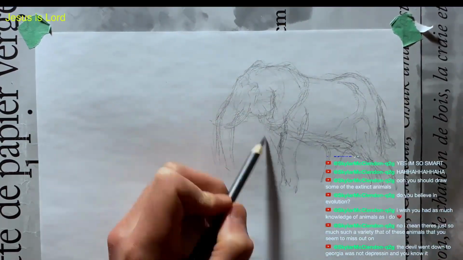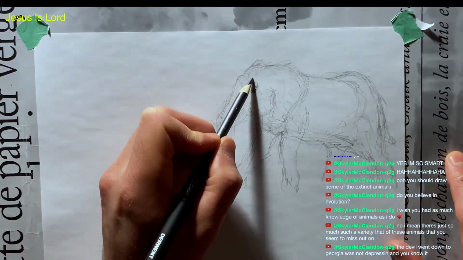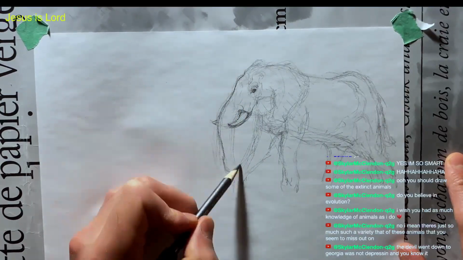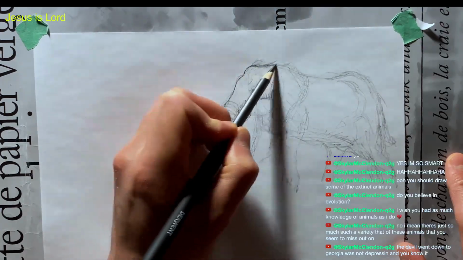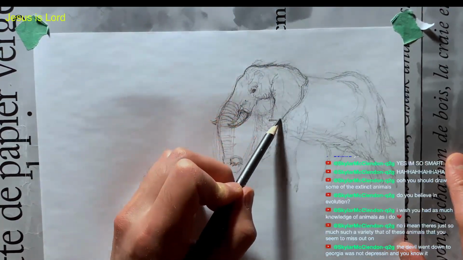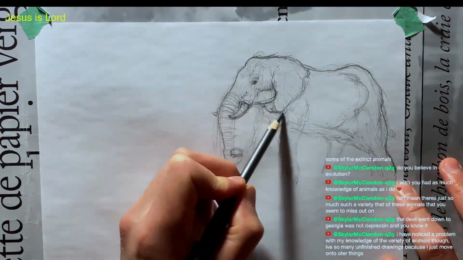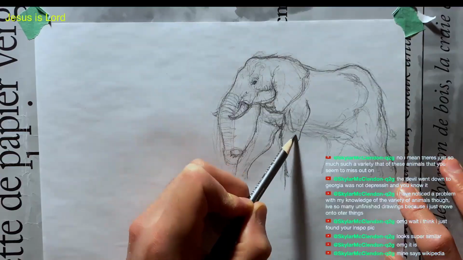Here is the third page where I am going through some elephant sketches. It's the same idea. I put the action lines down, some rhythmical lines. I try to look at the negative space, and I try to put volumes into every single part, every single limb of that elephant.